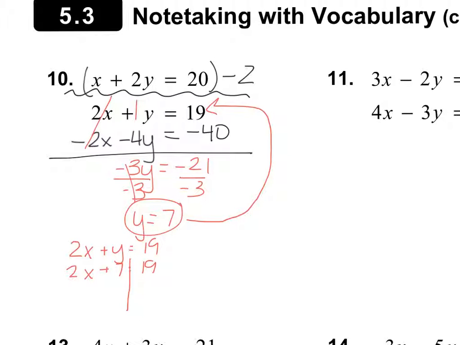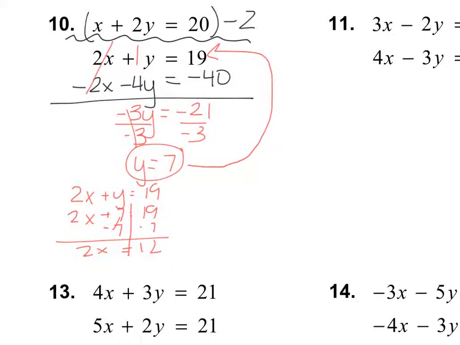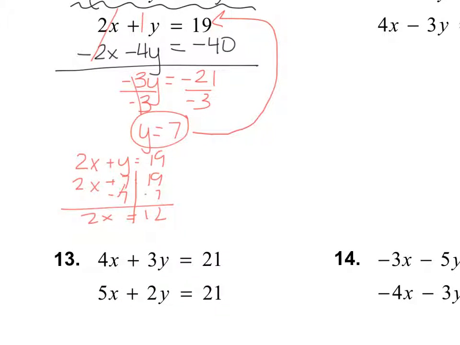We're going to subtract 7 from each side. It gives us 2x equals 12. And then we're going to divide each side by 2. 2's cancel out, and we get that x is equal to 6. And so now we have our answer, the ordered pair 6, 7.